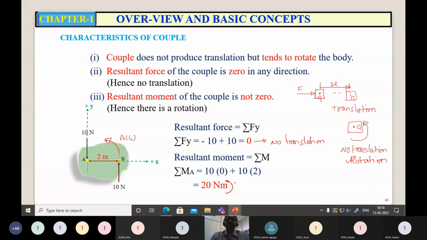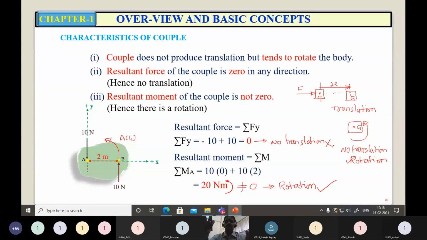So here, the resultant moment of this couple is not equal to 0. Therefore, it will produce rotation. Understood? So the couple will produce only rotation, but no translation.